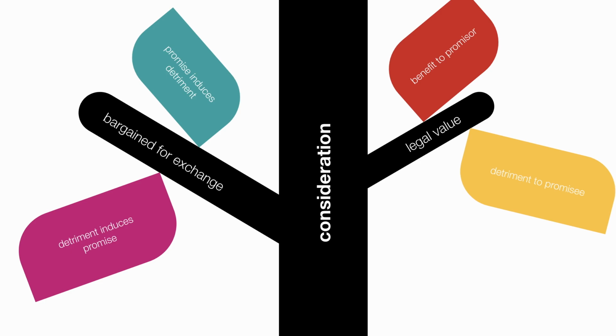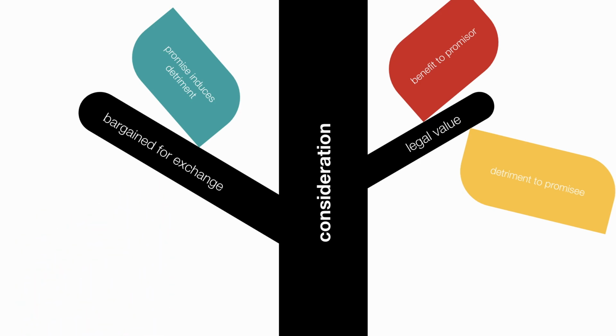But what's missing is the second part of a bargain for exchange, because she's not promising him the car because she really wants that detriment of the $1 or $2, right? So we would say the second part is missing. So there can't be a bargain for exchange because we need both parts of it. And that means there's no consideration. So that promise is merely gratuitous and therefore wouldn't be legally enforceable.